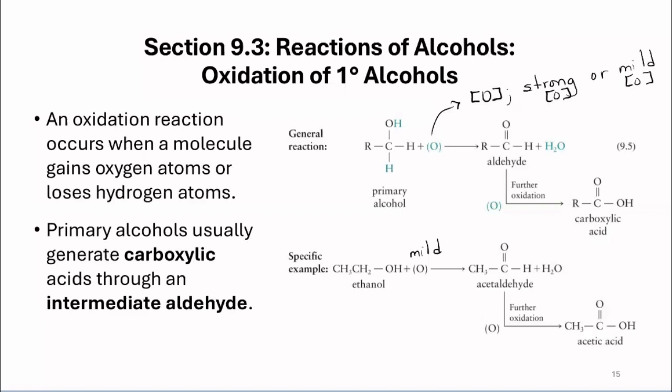The aldehyde can undergo further oxidation. It doesn't matter if you use mild or strong oxidant, an aldehyde will lead to a carboxylic acid. We can turn this alcohol molecule straight to the carboxylic acid if we use a strong oxidant on it.